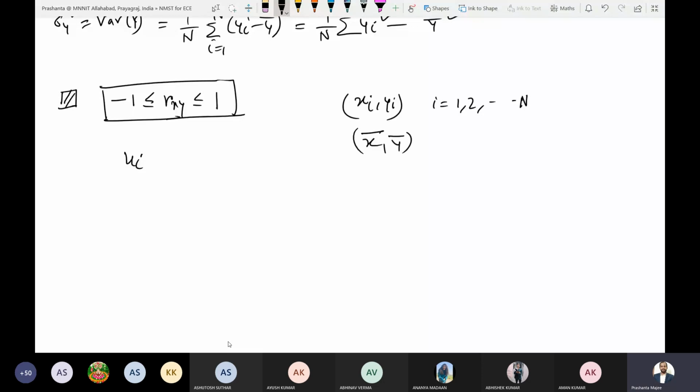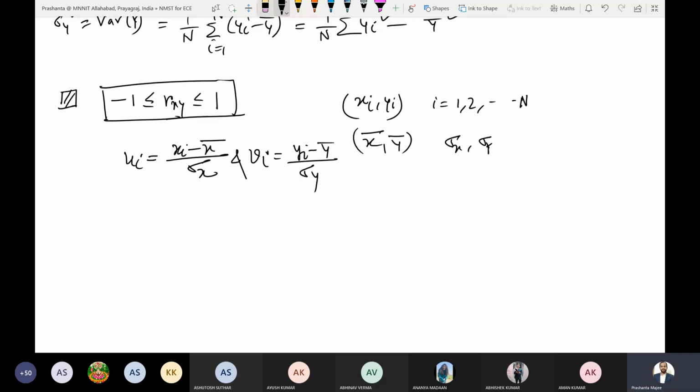You know sigma x and sigma y, the standard deviations of the x values and y values. So what you do, you create new variables ui equals xi minus x bar by sigma x, and vi equals yi minus y bar by sigma y.